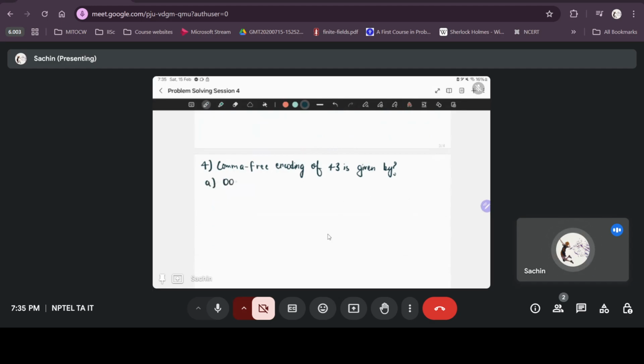Options are 00, 111, Option B is 0010 111 001. Option C is 0011. Option D is none of the above.